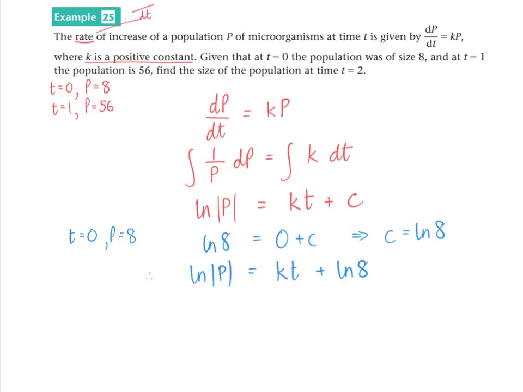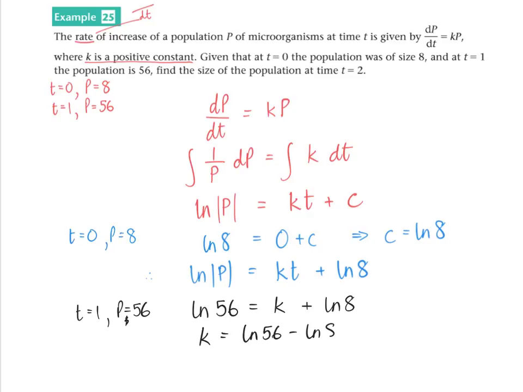Now if we go back, we get ln p is equal to kt plus ln 8. We're now given other conditions, and those other conditions were t is equal to 1 and p is equal to 56. Then that allows us to substitute in here, and we'll get ln 56 is equal to k plus ln 8. So k is equal to ln 56 minus ln 8.